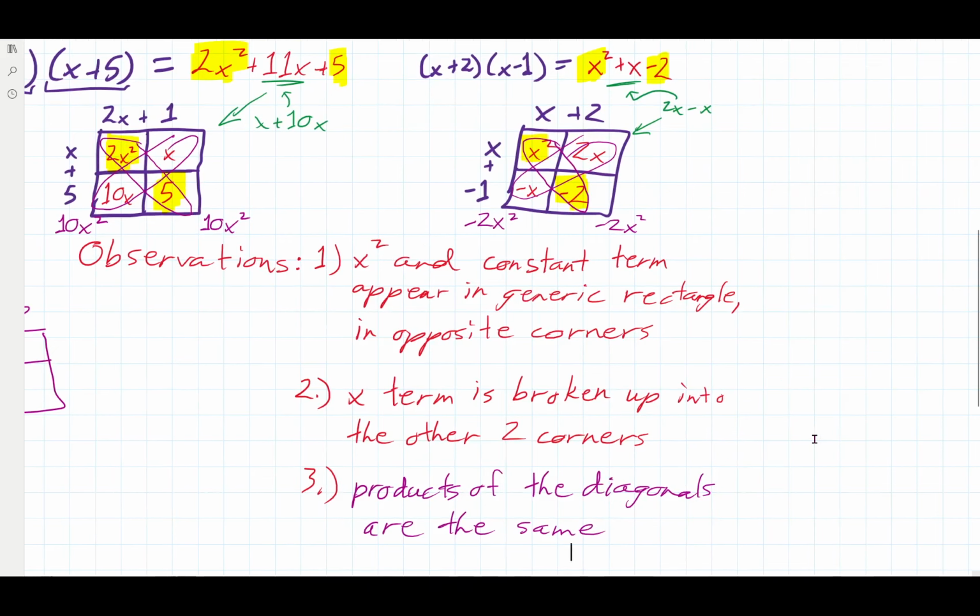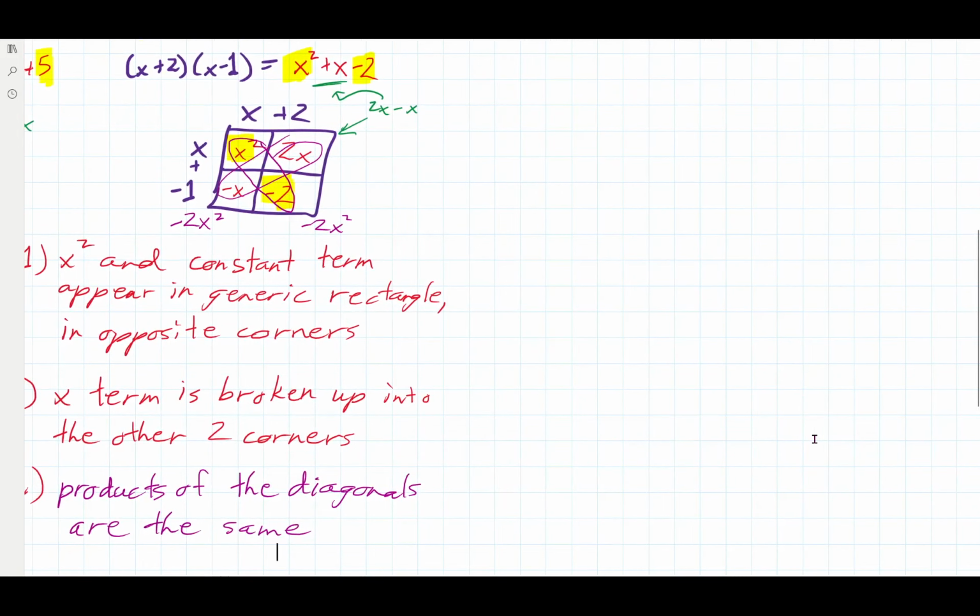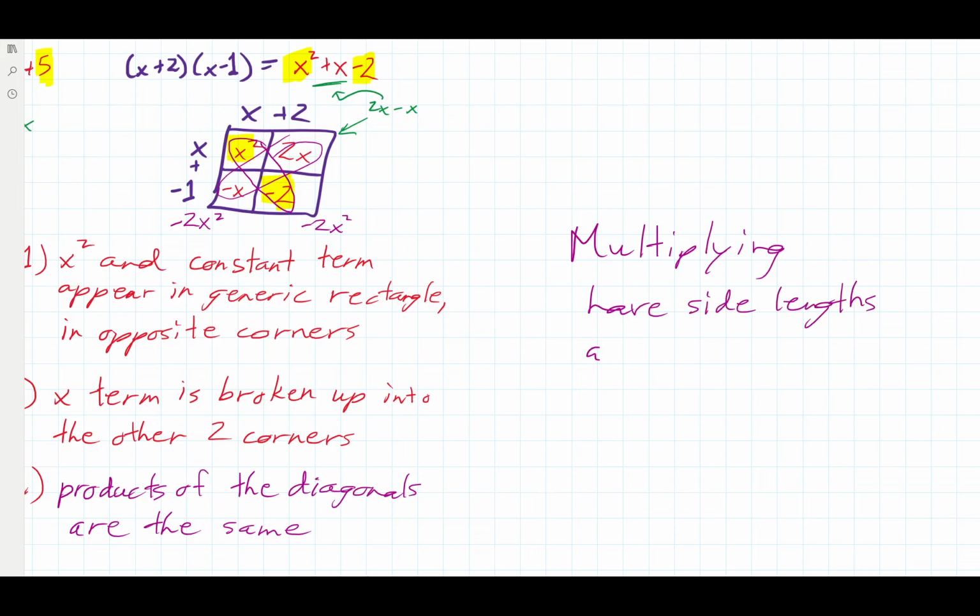Well, here's what we know: when you're multiplying, again using the generic rectangle, you have the side lengths and you provide the interiors, I'll say.